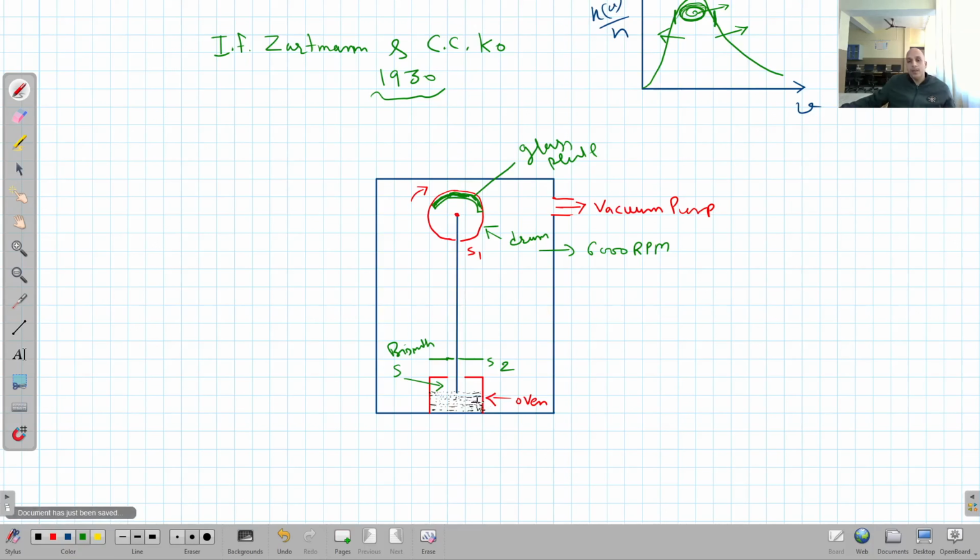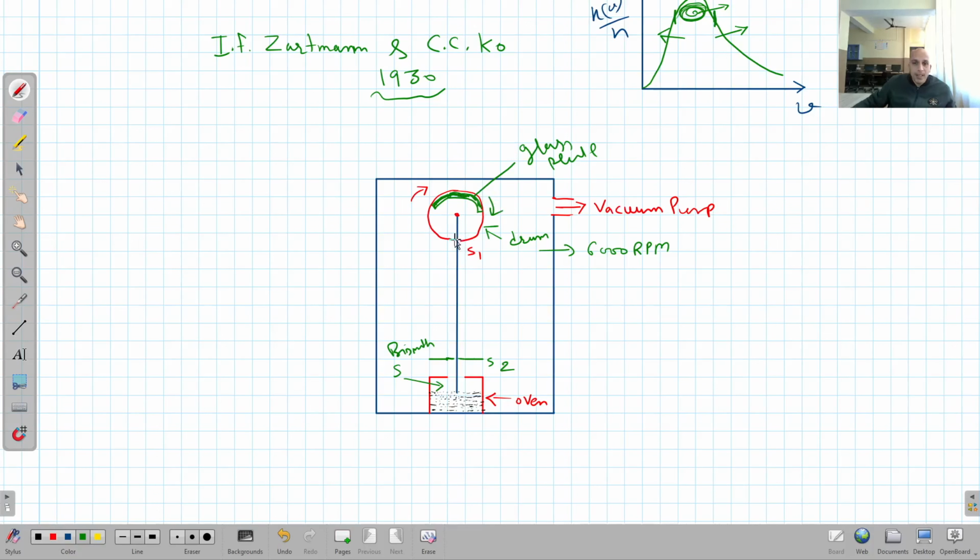When this oven is heated, the bismuth atoms will come into gaseous state, and they will come out through this very fine slit S2. Then this collimated beam of bismuth atoms will move in this direction, and this drum is rotating continuously at very high speed.